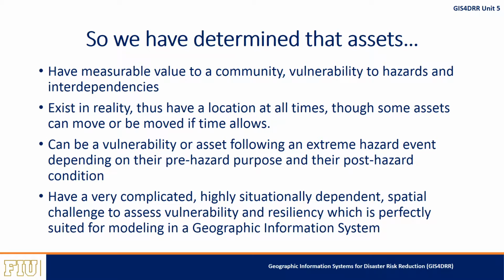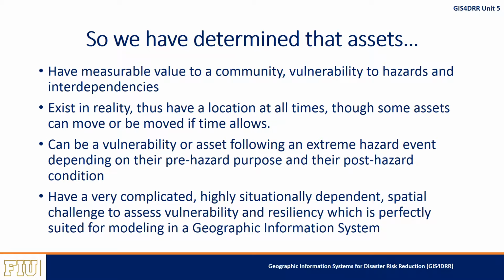So we've determined that assets have measurable value to a community, vulnerability to hazards, and interdependencies. They exist in reality. They have a location at all times, though some assets can move or be moved, like in a mobile home or something like that, which takes a little bit more effort if time allows.